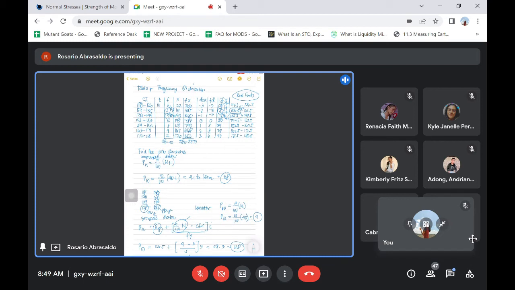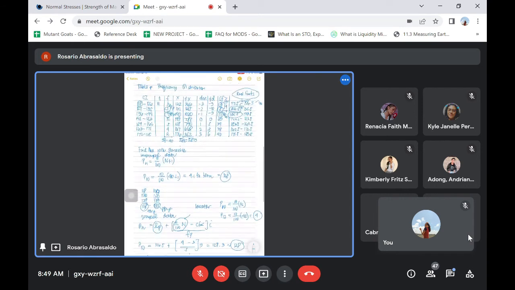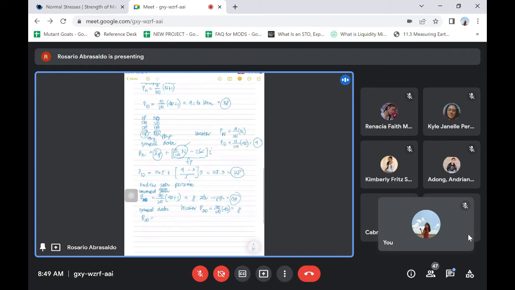And what is the limit? The exact lower boundary limit belonging to 17. So therefore, our L sub P is 135.5.